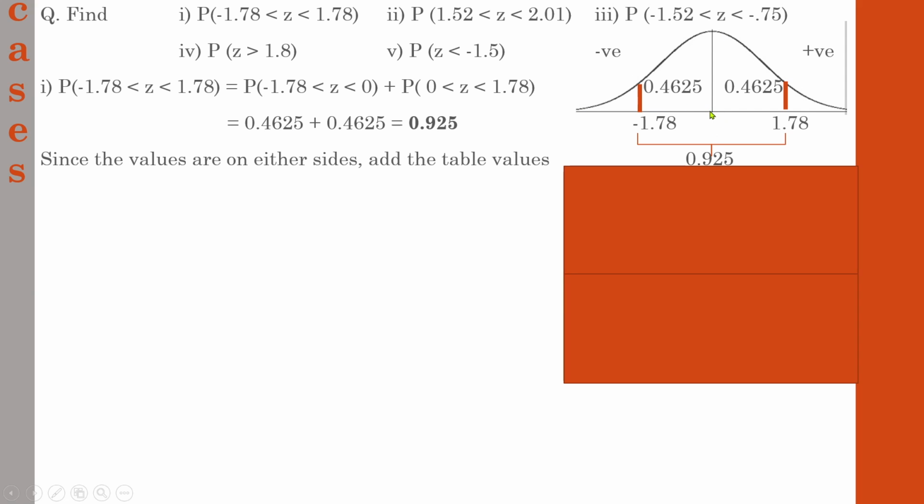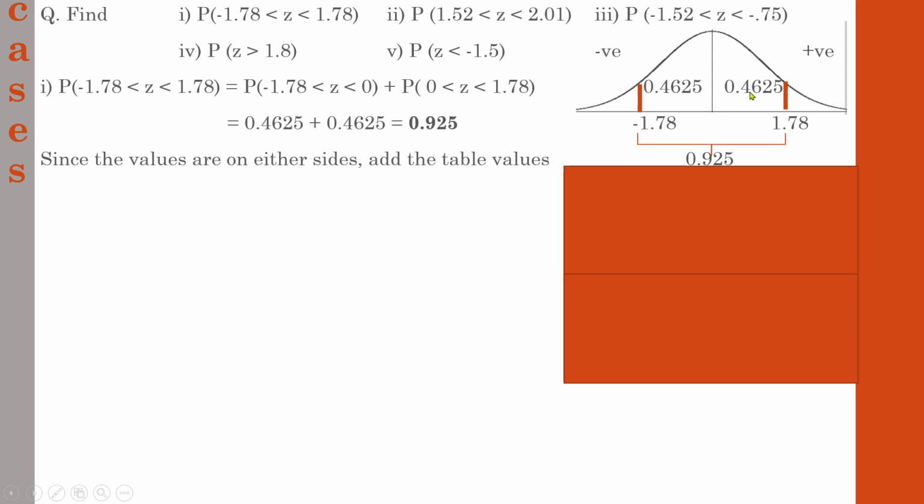So here it will be 0, and it will be somewhere around here, that is 1.78. The value as per the table, 1.78 given in the question, you have to check the standard normal curve, and in the table you will get the value 0.4625. Similarly, for 1.78 the number will be the same. Even if it is minus or plus, it doesn't matter, the numbers will be the same.